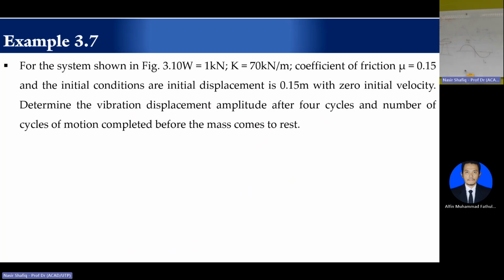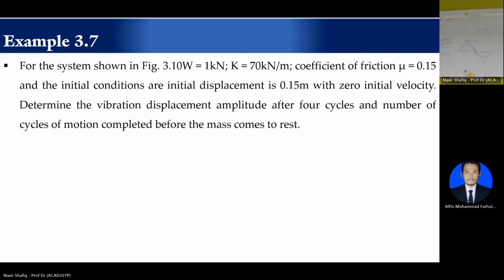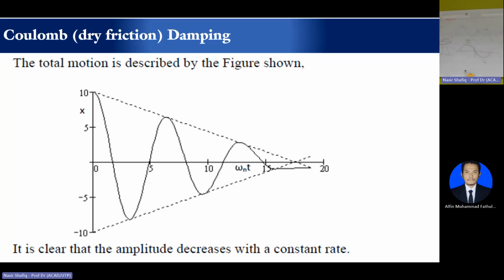So after 4 cycles, 150 minus this decrement. After each cycle the decrement is this, so after 4 cycles the amplitude will become 150 minus 4 times 8.57. Just multiply, because it is linear, right? Here, as we have seen, due to the friction it is linear.